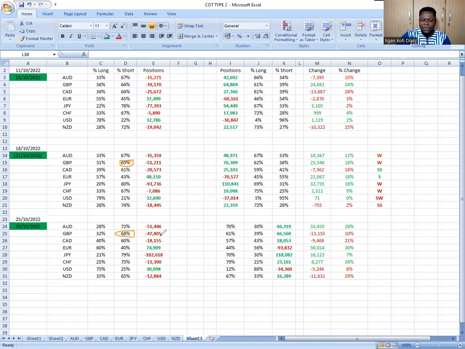GBP is less bearish now. Do you get the scenario? Good. Again, let's look at CAD. CAD was 61% bearish last week, and now it's just 60% bearish. It means those institutions who are bearish on CAD are also reducing.